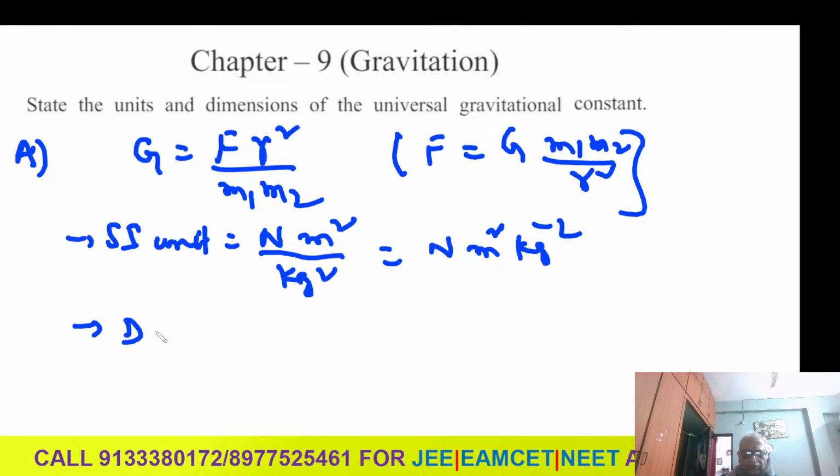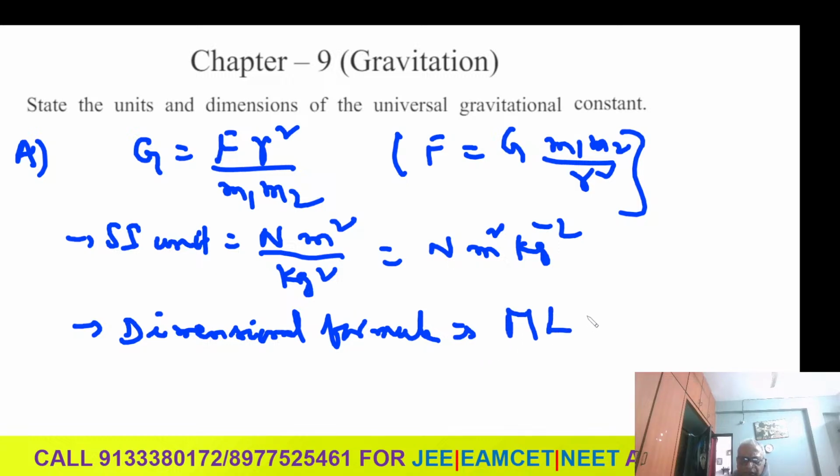Dimensional formula should be in terms of M, L, T. How to write the dimensional formula for force? Force is mass into acceleration. You have to remember the dimensional formula of force, M L T to the power of minus 2.